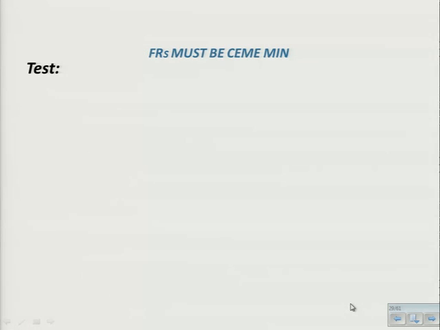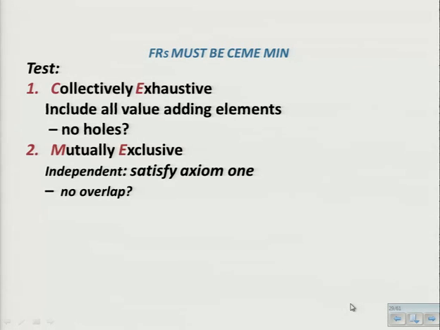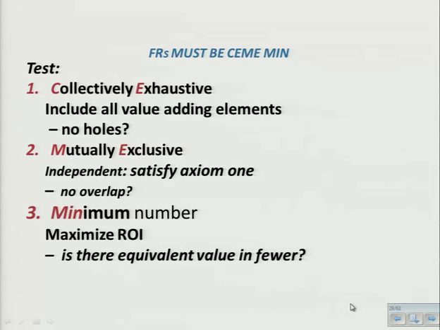All right, so if you haven't, take a short break, see if you can figure out how to transmit the control loads. And again, here's the test: collectively exhaustive, mutually exclusive, minimum number. So every time you go to review a design, you want to go through this CME min.